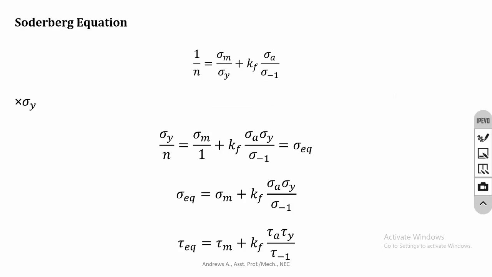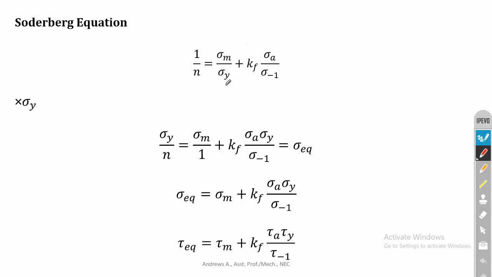In this lecture, we are going to discuss the combined effect of variable normal and shear stresses. So the Soderberg equation is 1 by n equals sigma m by sigma y plus Kf sigma a by sigma minus 1. To get the equivalent stress equation, I am going to multiply sigma y throughout the equation. So it is sigma y by n is equal to sigma m by sigma y into sigma y.